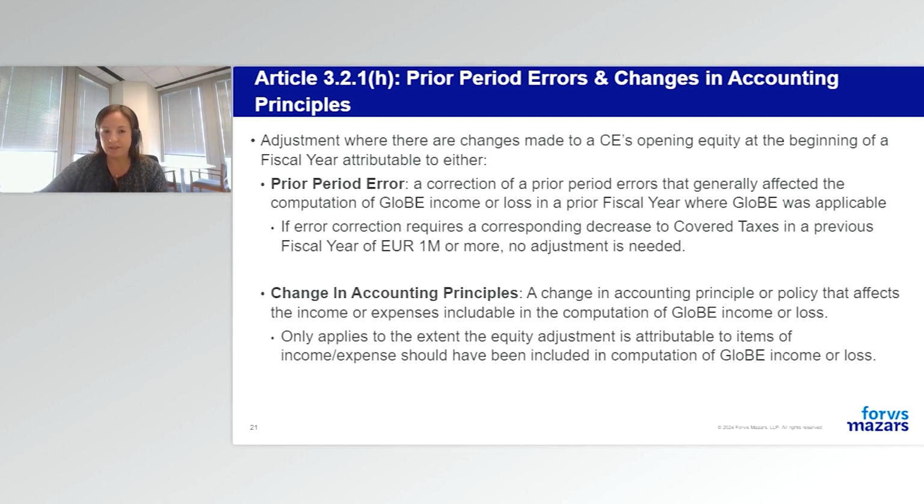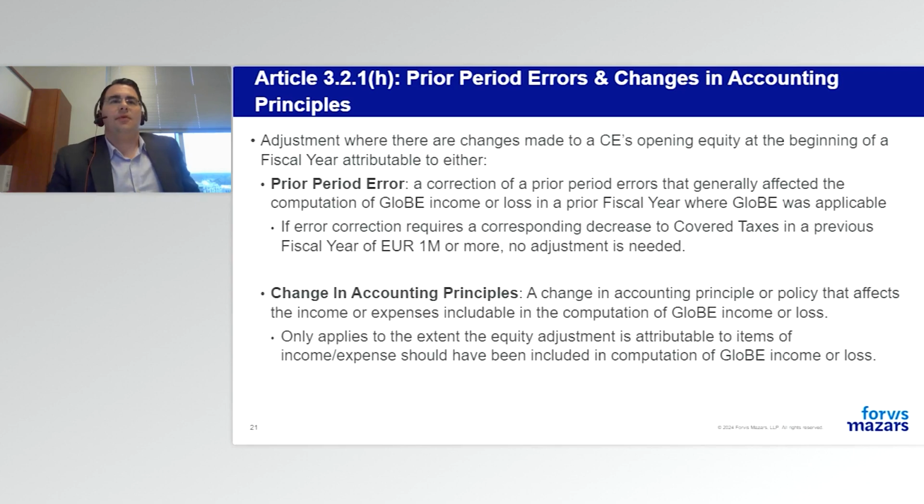And Ashton, just to add something here, one thing that I think is a very important point to consider when you're thinking about your book to GloBE adjustments is that there's a constant theme here. What you do to your book, to your FANL, to go from book to GloBE has to have a corresponding adjustment, so you're comparing apples to apples on the covered taxes side.